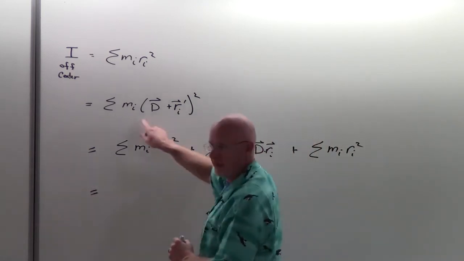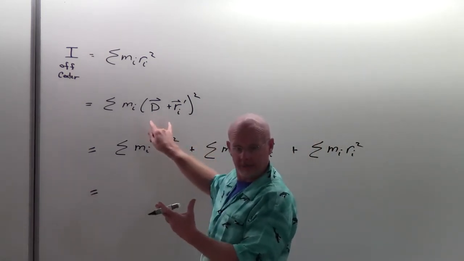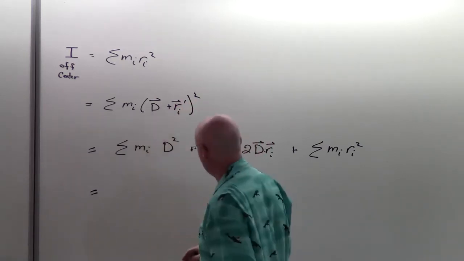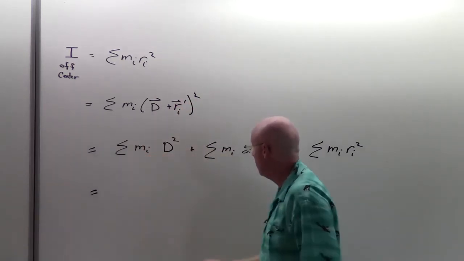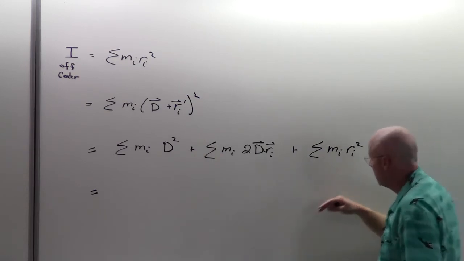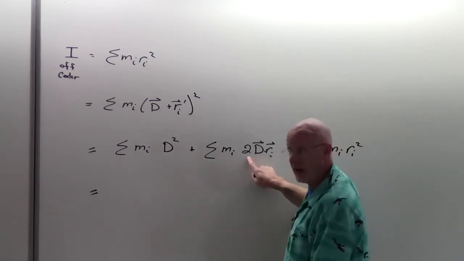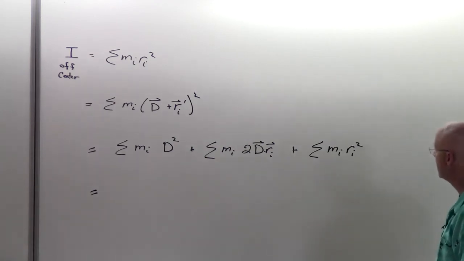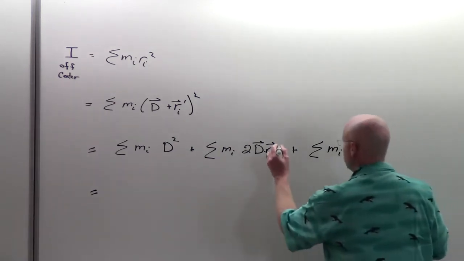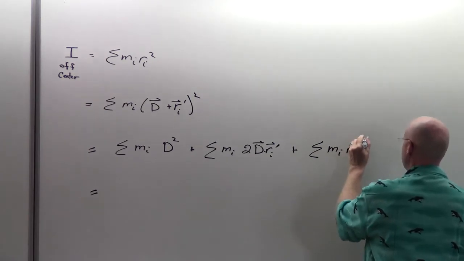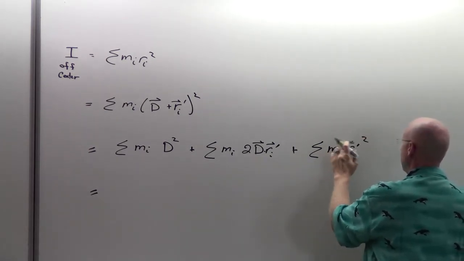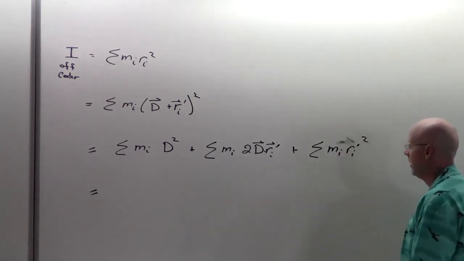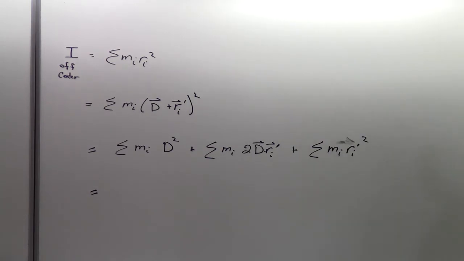And so I've done nothing more than apply the FOIL, right? I've got a binomial and I square it. So I've got the first term squared, I got the last term squared, and I got the cross terms twice. Those r's be r primes? Oh, thank you. Yes, they should be. Those should be r primes. Well, I'm squaring it, so I don't need that vector symbol anymore.